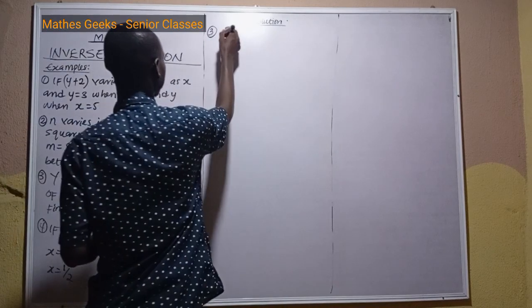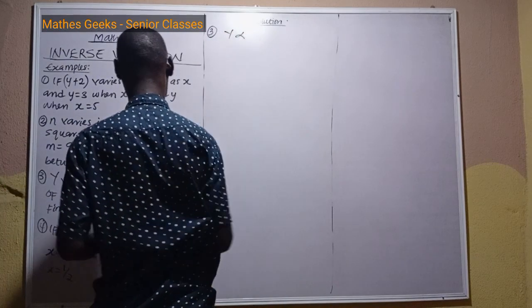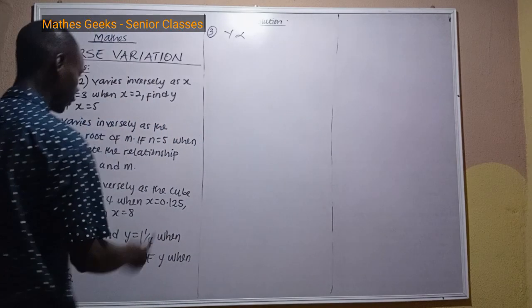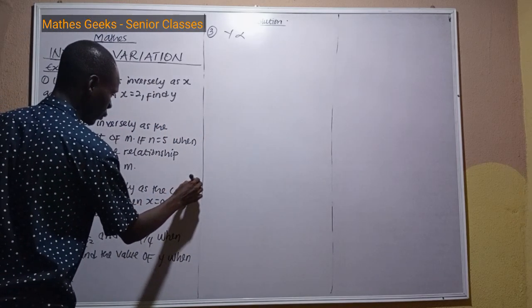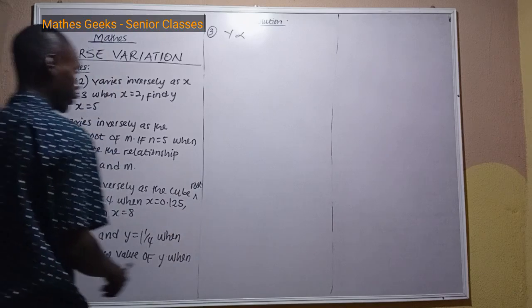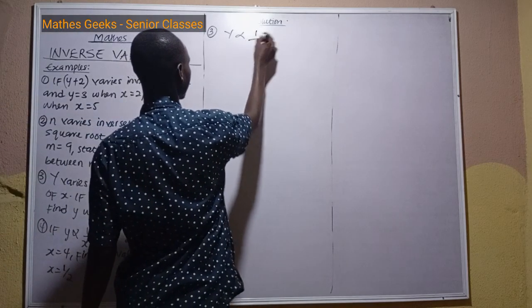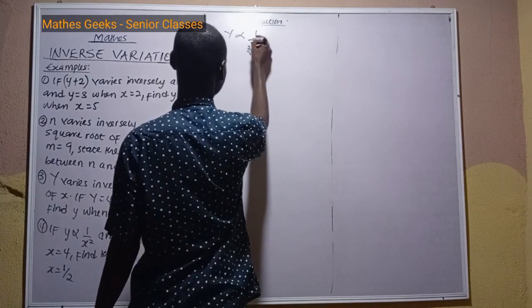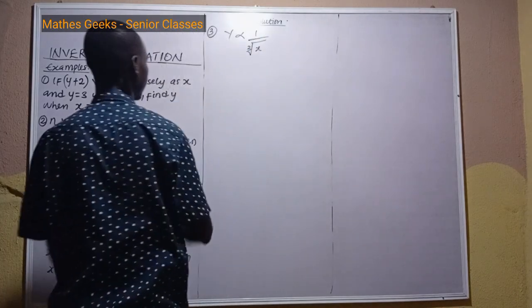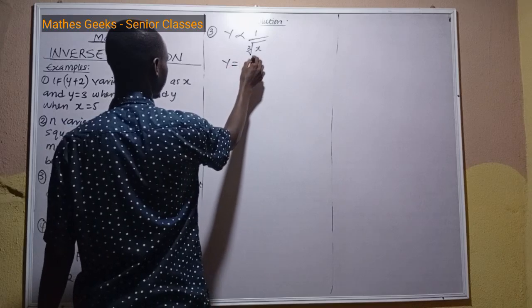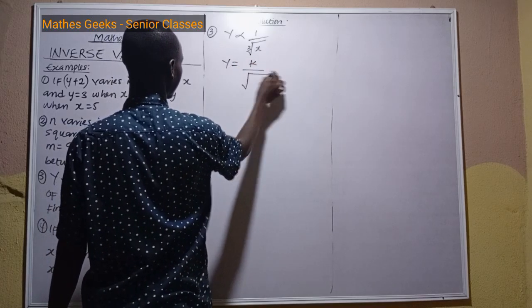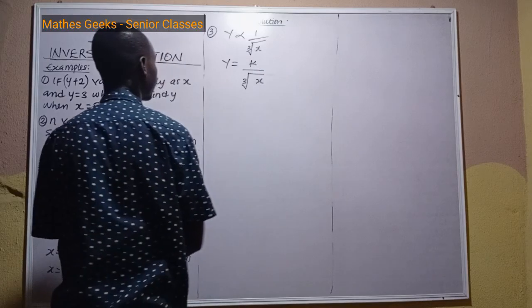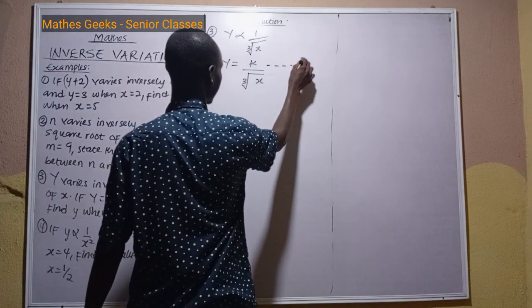y varies inversely as the cube root of x. Yes, as the cube root of x. So 1 over third root of x. So y is equal to k over third root of x, equation 1.